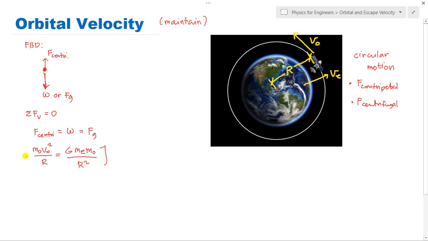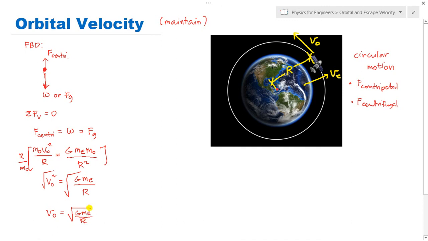So we can also multiply both sides by r over MO. So the two MO cancel. So we now have orbital velocity squared is equal to G ME all over r. So only one r remains, then square root both sides. We have VO is equal to the square root of G ME all over r.